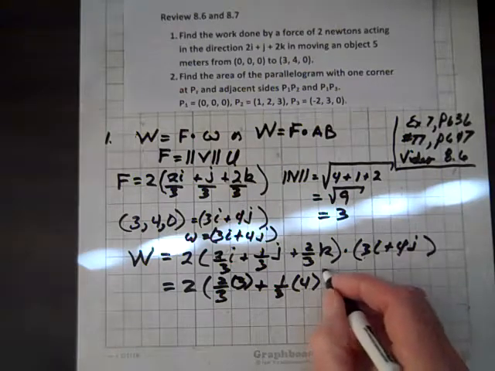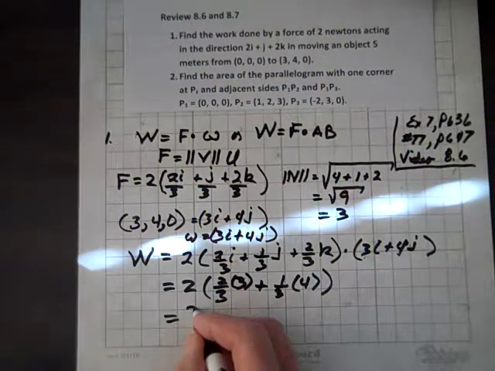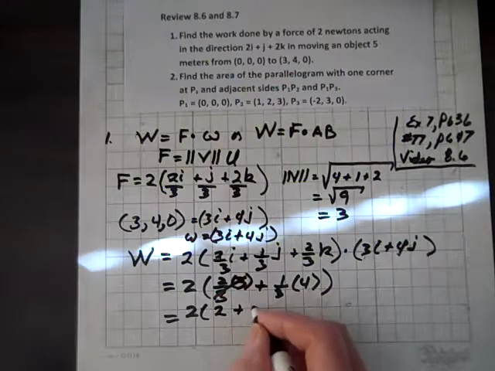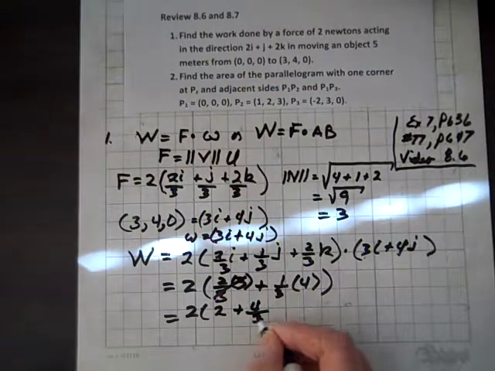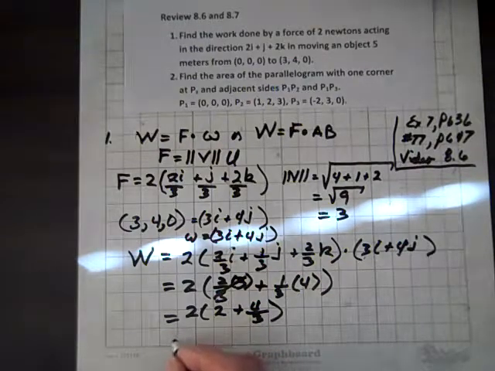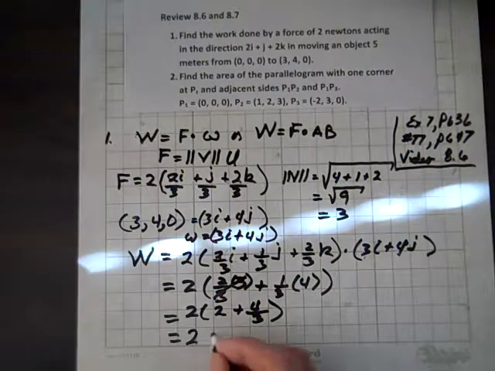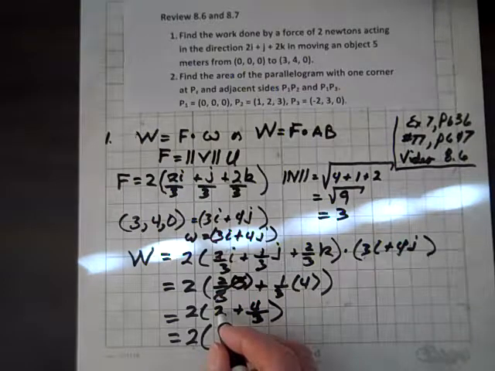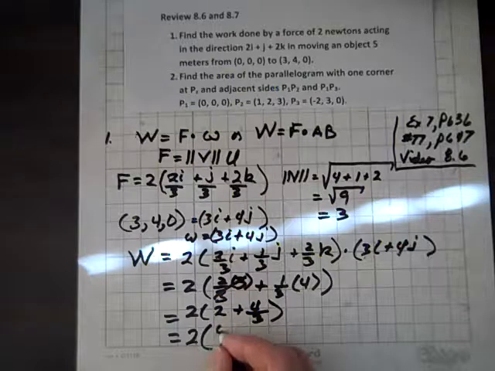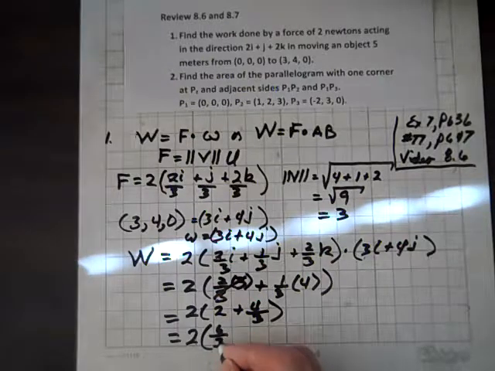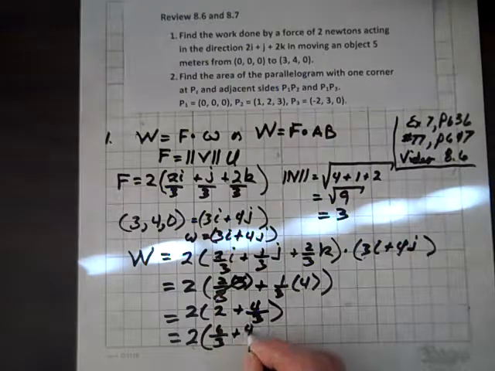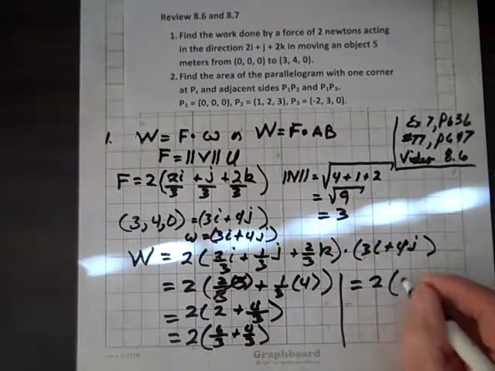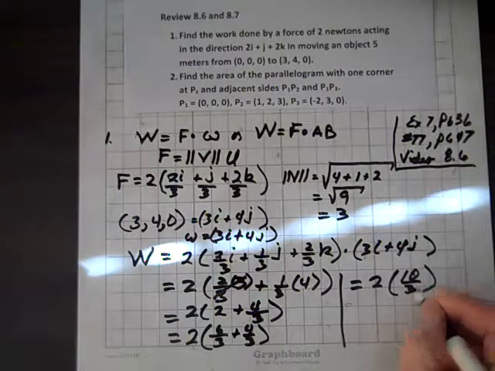Well, 0 times 2/3 is still 0, so now here we have 2 times, and notice the 3's divide out, and we get a 2 there, plus 4 times 1/3 is 4/3, which equals, now let's get a common denominator, and will you agree, common denominator is 3, so 2 will become 6/3 with that common denominator. 6/3 plus 4/3, and now equals 2 times, and when we add those up we get 10/3.